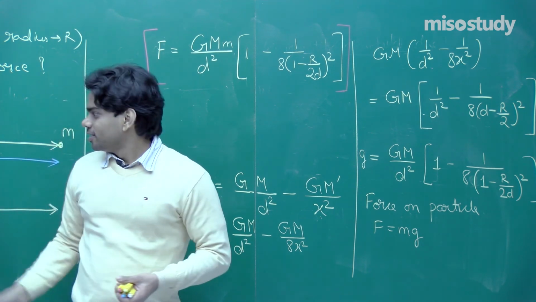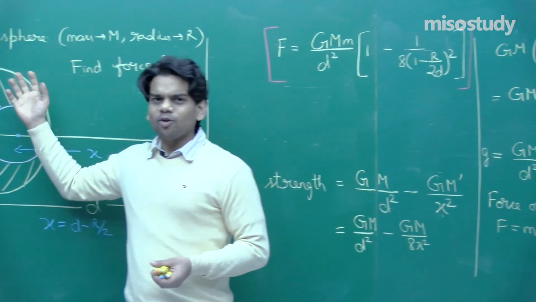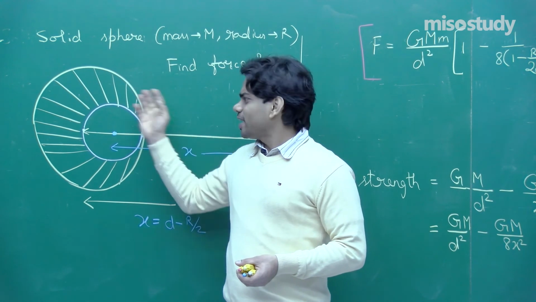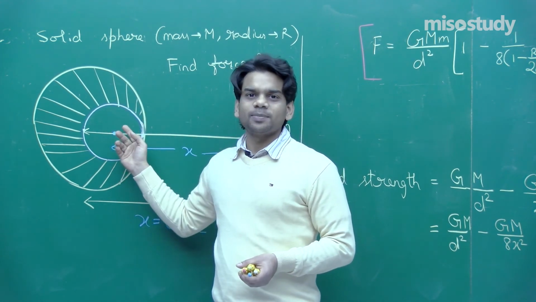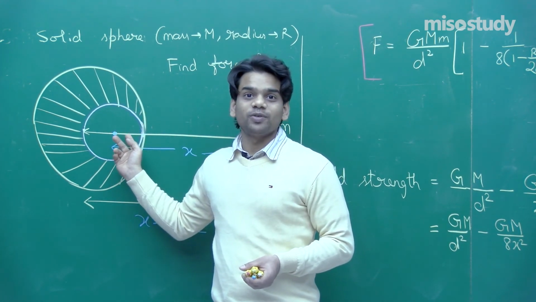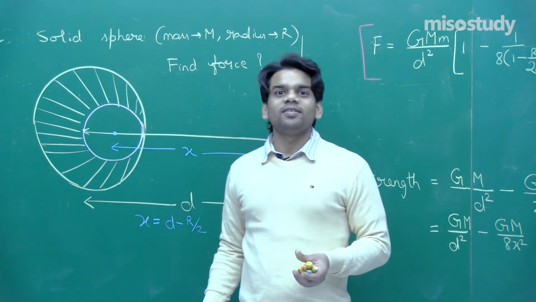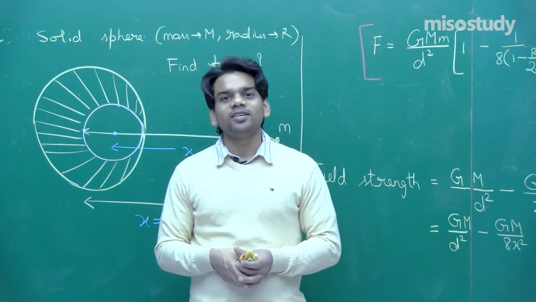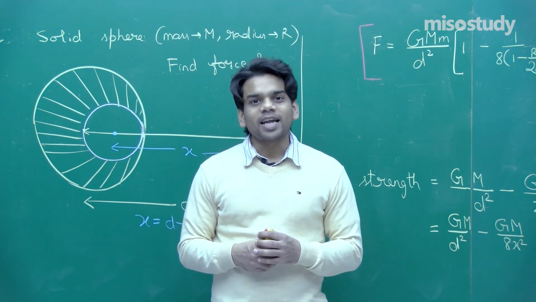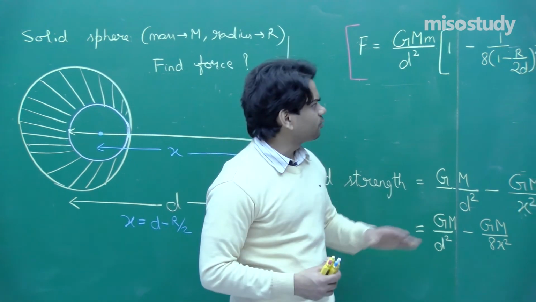What we did: we found the value of gravitational field due to the entire sphere, and the value of field due to the removed part. We subtracted the effect of the field due to this part, evaluated the net field, and got the net gravitational force by multiplying the mass. I want you to see this formula once again.